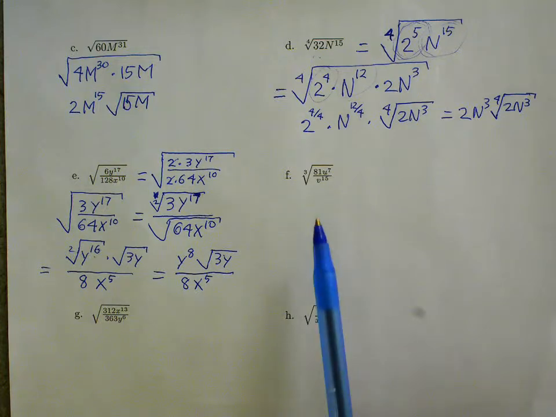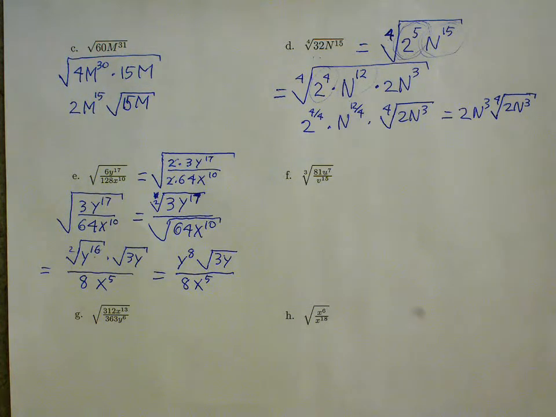The next one, the cubed root of 81u to the 7th over v to the 15th.